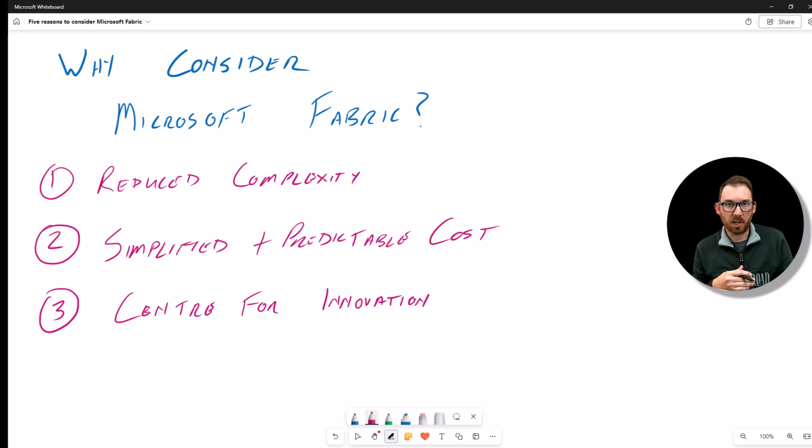And we already see that with Data Activator. It's a new service only available in Fabric, which is used for business rules and notifications against data, a real simplified explanation of it. And more things are likely to come. There's a great roadmap.